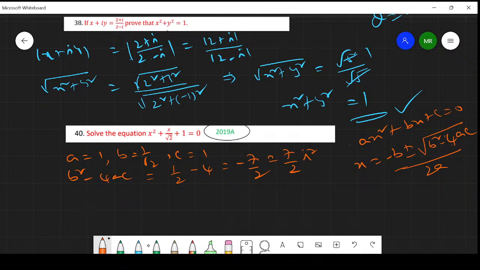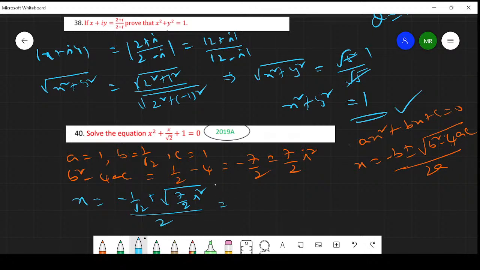Now you got the x value. When x is equal to minus b, I can write minus 1 by root 2 plus or minus root of 7 by 2 i square, whole by 2a, that means 2 into 2.